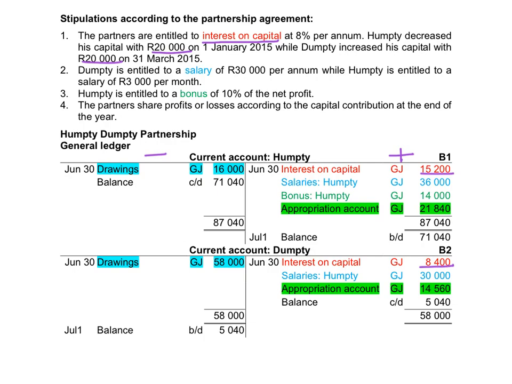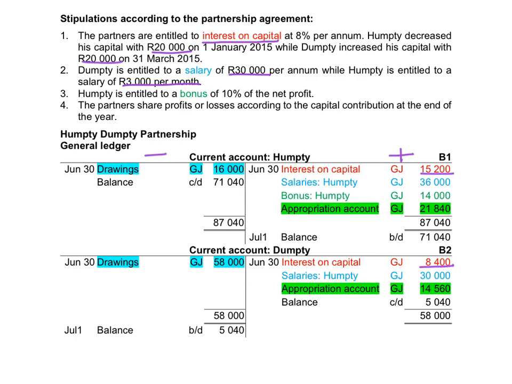Dumpty is entitled to a salary of 30,000 and Humpty is entitled to a salary of 36,000. First of all, we will do the adjustment again, showing that the expense account increases and that we still owe the money to the partners.